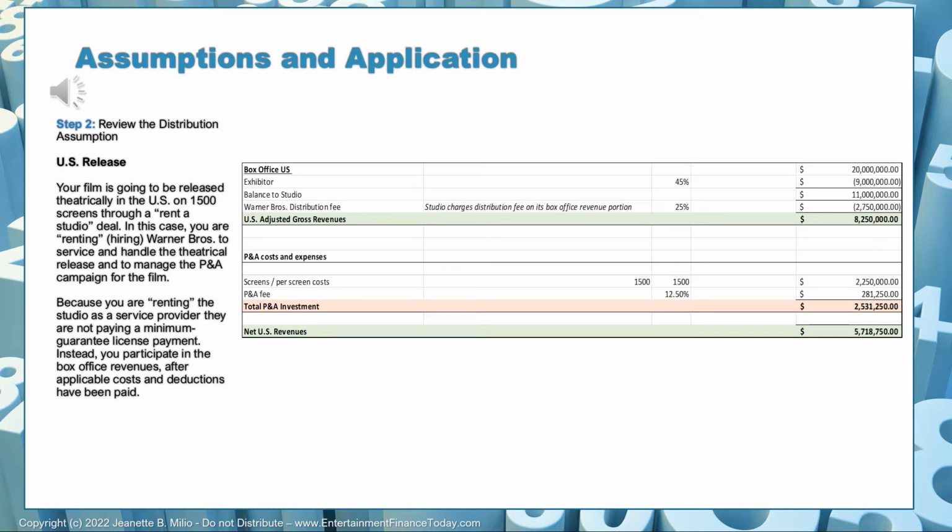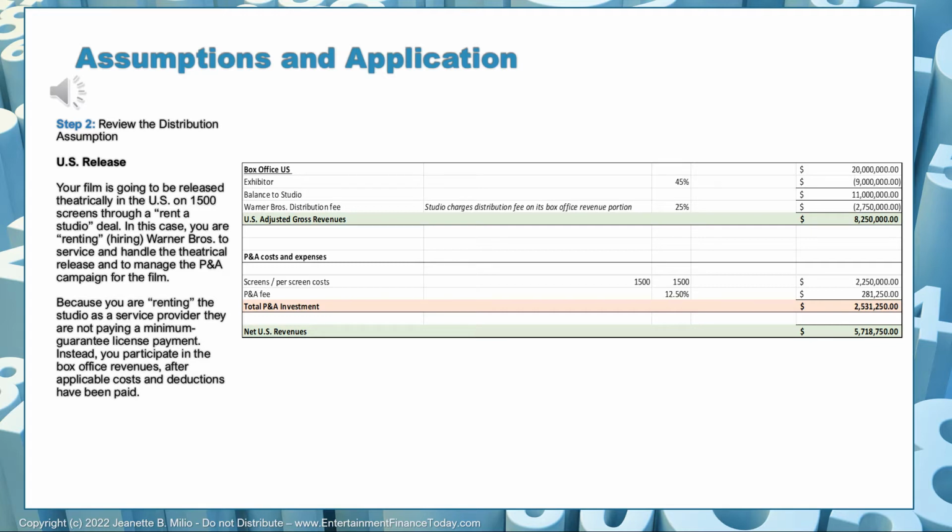And here we are doing a very specified release, which only costs $1,500 per screen. Normally this is much higher, but we're doing a targeted release for this movie. So our per screen price of $1,500 for 1,500 screens will come to $2,250,000 in P&A costs and in P&A investment.